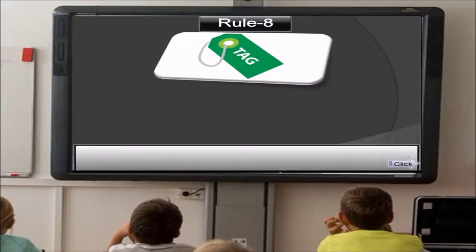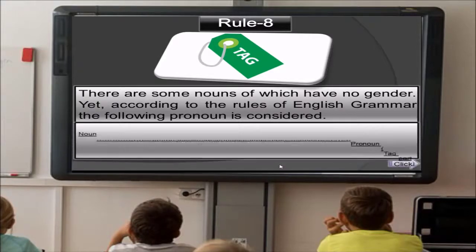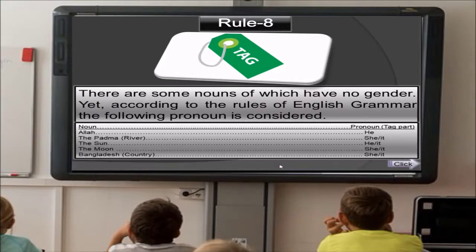Rule 8. There are some nouns which have no gender. Yet, according to the rules of English grammar, the following pronoun is considered. Look at here, noun and their pronoun. Allah, and its pronoun will be he.